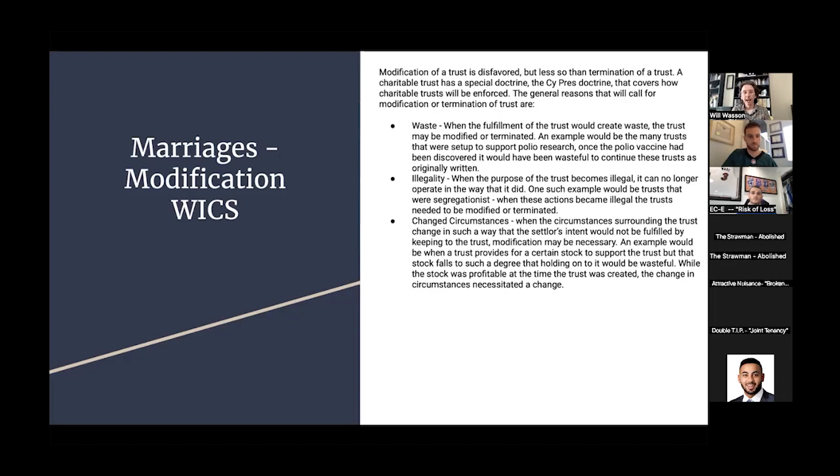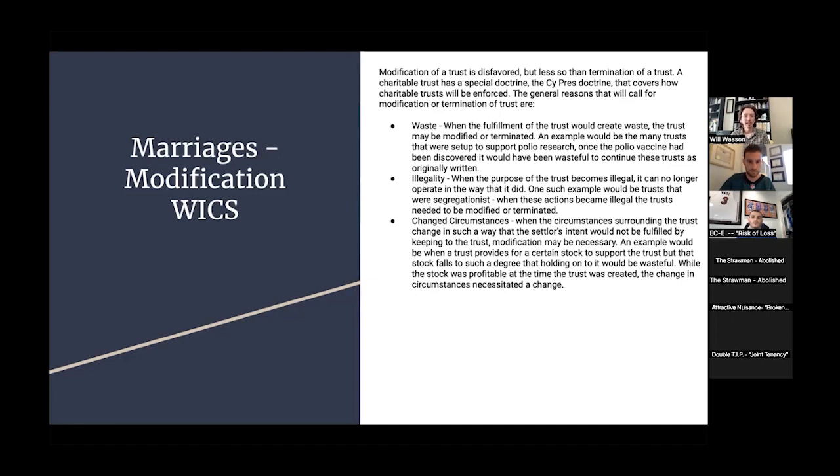After he died, several years later, his family petitioned the court to change the trust because that newspaper was failing, and they wanted to change the stock from that newspaper to some other more profitable business. When he created the trust, that newspaper was really profitable. Now it's not, so the investment in that property is no longer great.